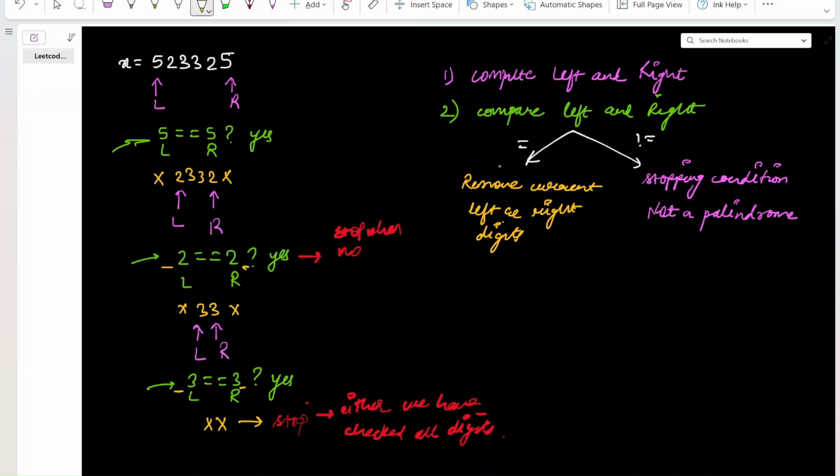And if we are here, then the next step again would be to go and compute the left and right values, then compare whether the left and right are equal. If they are not equal, then this is a stopping condition. If they are equal, then again we have to remove the current left and right and then compute the next left and right. Now there is another stopping condition, which is here. Do this till no more digits are left.